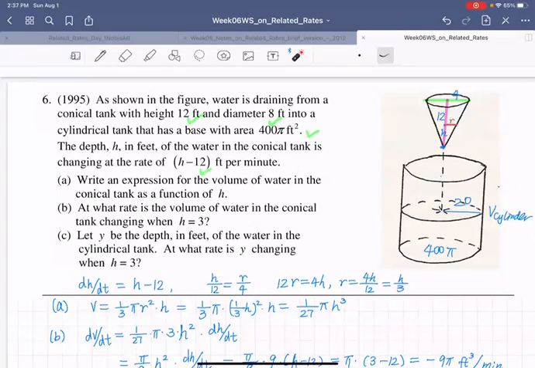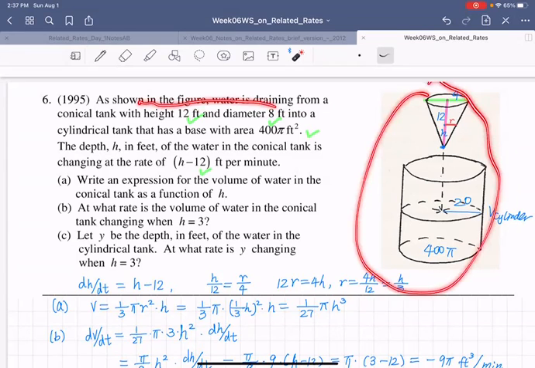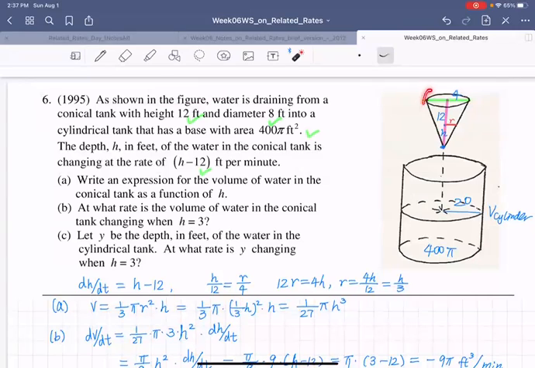Okay, that's fine. Let's see here. The question, first sentence, this is a figure. This is the conical tank. This conical tank has 12 feet height, 8 feet diameter. So the radius is 4. This is 12.